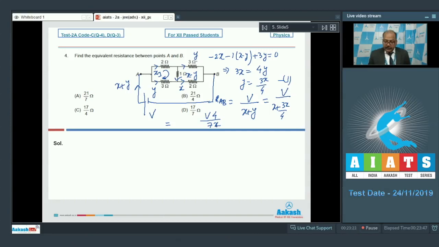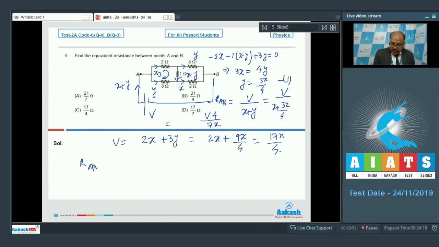Let's apply the Kirchhoff's voltage law once again, including in the loop we'll include the cell also. So V is equal to 2x plus 3y, and if we substitute the value of y, we get it as 2x plus 3 into 3, that means 9x by 4 or 17x by 4.